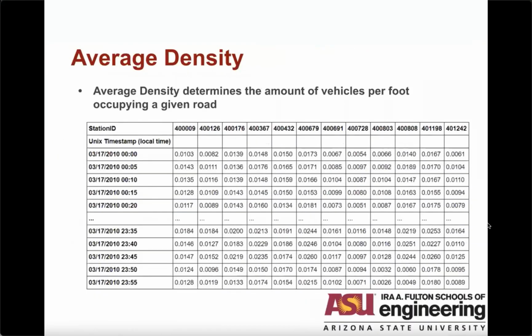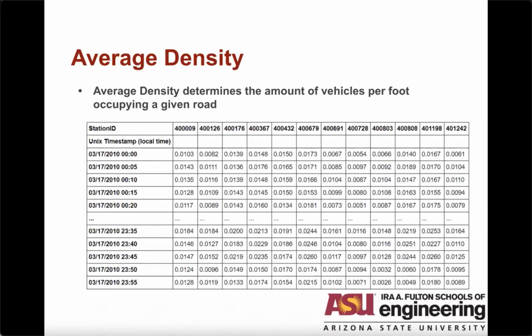So piggybacking on what Royce had discussed, we did use Python code in order to put that into Collaboratory to generate this pivot table right here. Basically what's happening in this pivot table is we have a number of station IDs with the timestamps to the left of them as well.